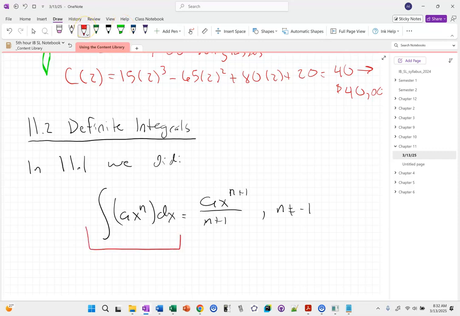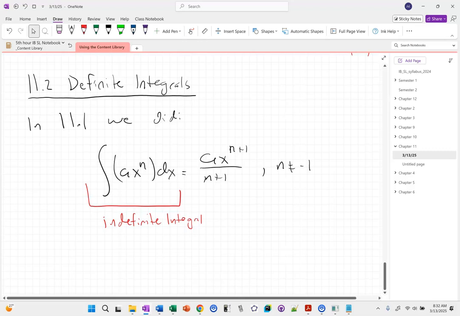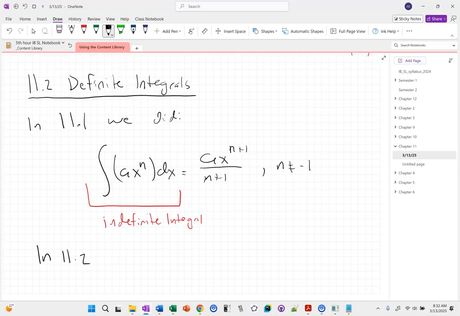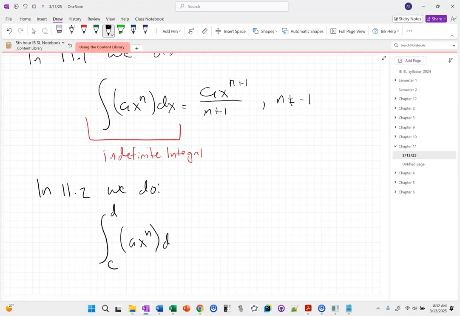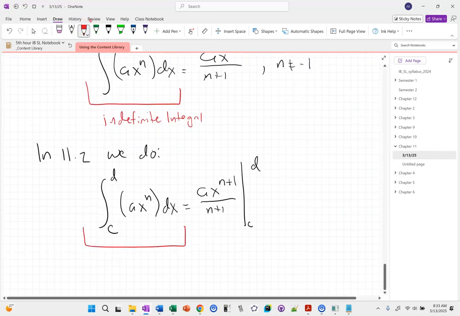This guy is called an indefinite integral. In 11.2, we're going to call this guy a definite integral.